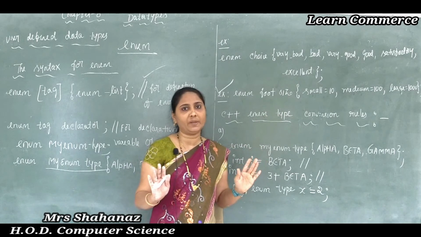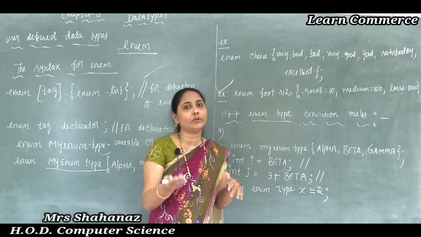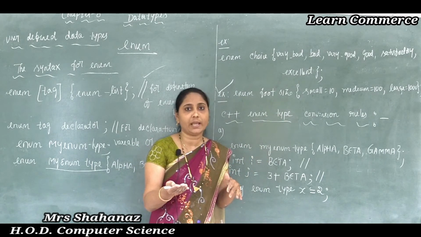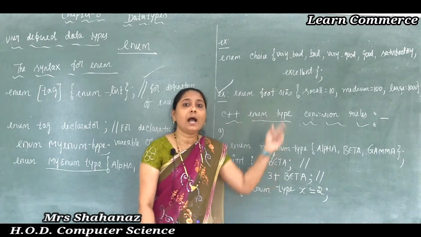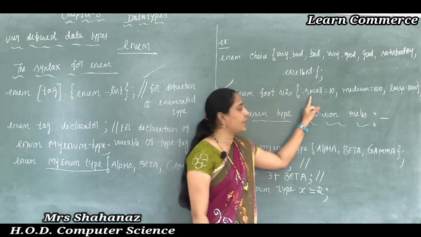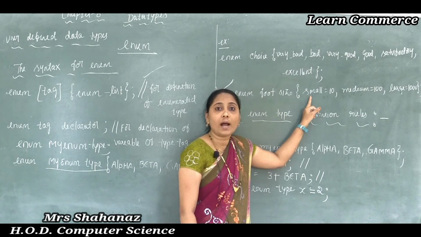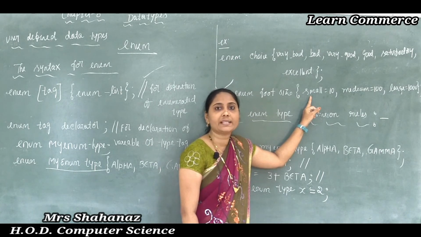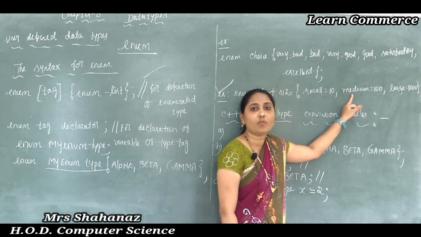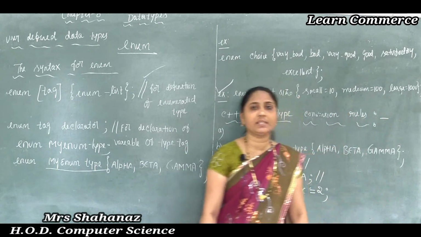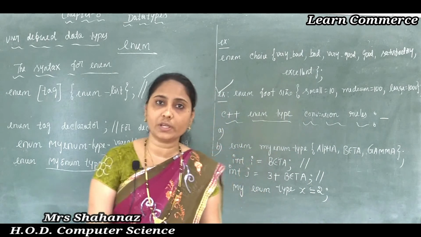Not only the implicit values 0, 1, 2 get assigned automatically to the list, but when we openly give explicit values, what happens? In this example, the variable small takes the value 10, medium takes the value 100, and large takes the value 1000. So clear this point here?